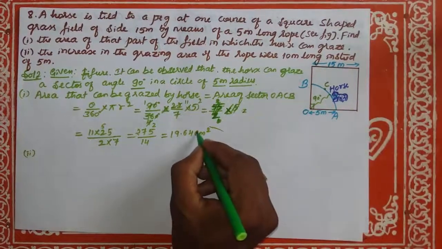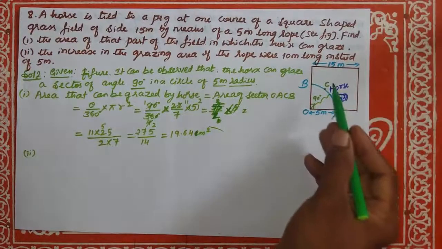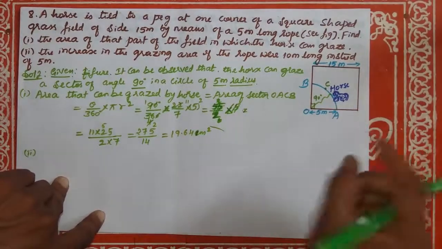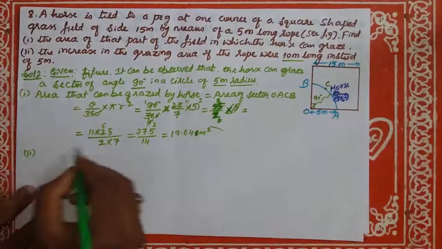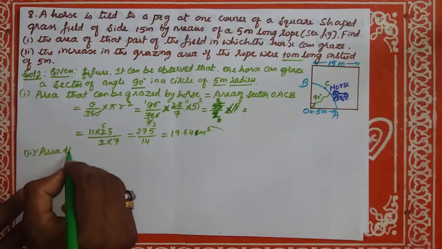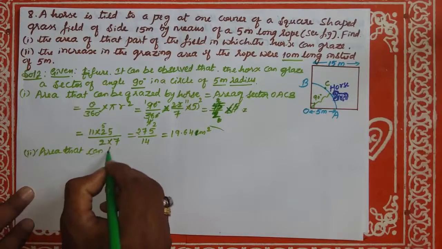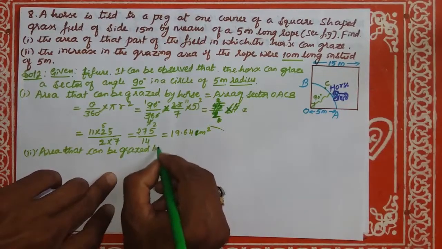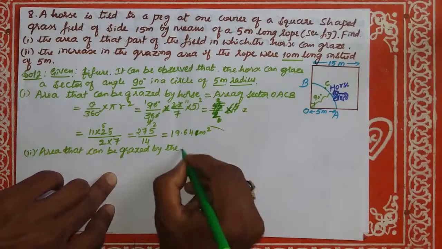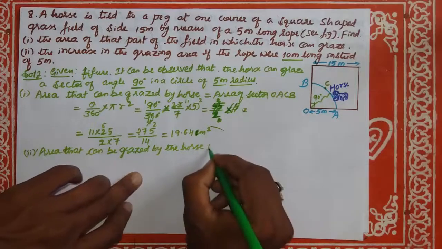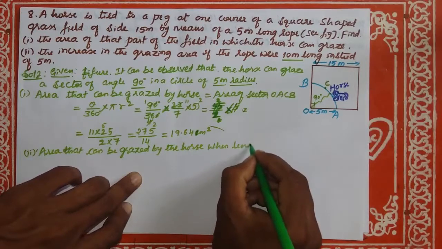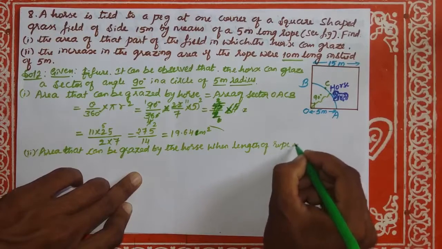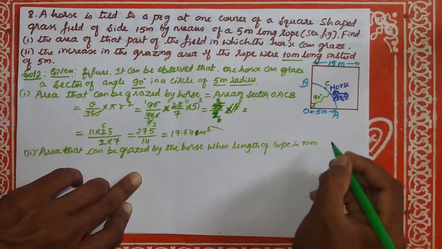Area that can be grazed by the horse when the length of the rope is 10 meter long.